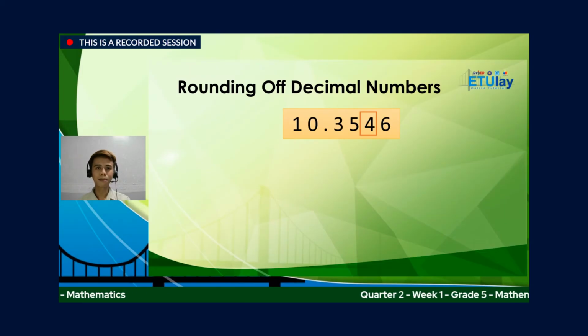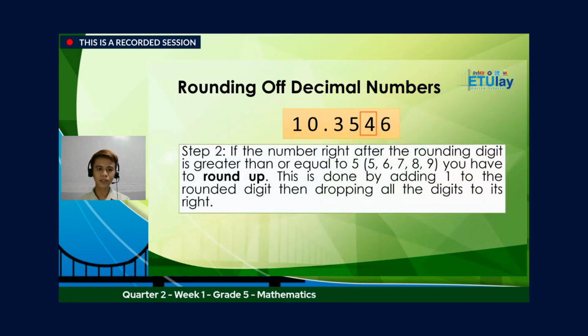Or I mean, kapag ang ating rounding digit ay equal to 5 or greater than 5. So yung step naman natin dito ay we need to round up if the number right after the rounding digit is greater than or equal to 5, 5, 6, 7, 8, or 9, you have to round up.